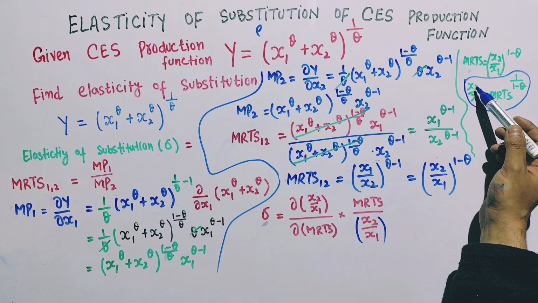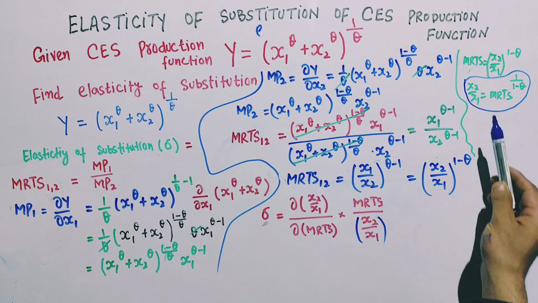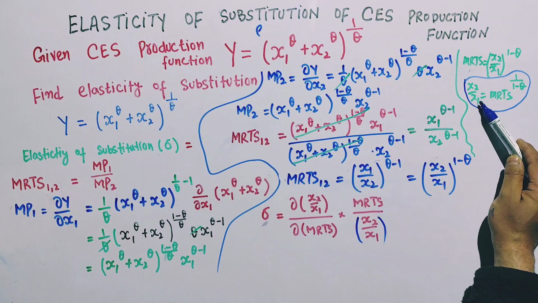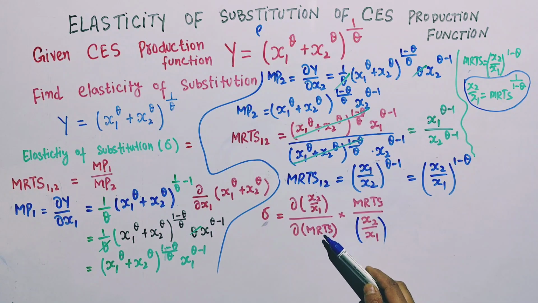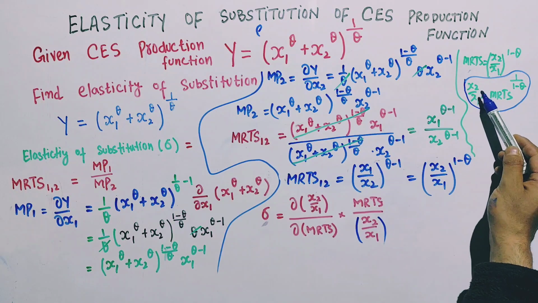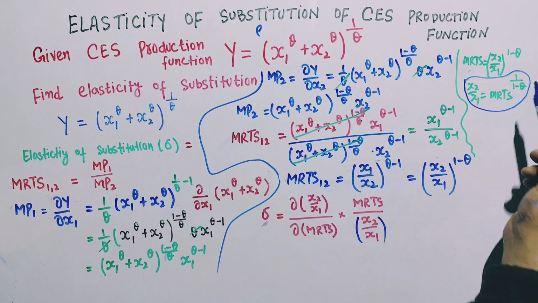The change in the input ratio due to the change in the marginal rate of technical substitution means we need to differentiate this function with respect to MRTS.